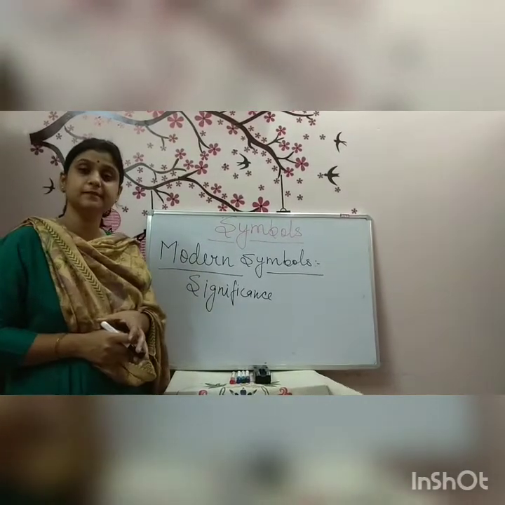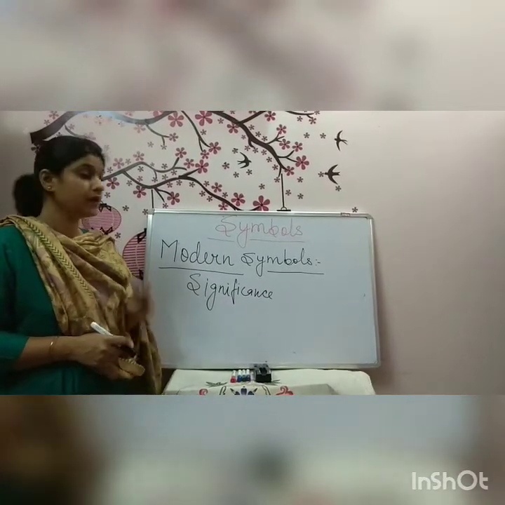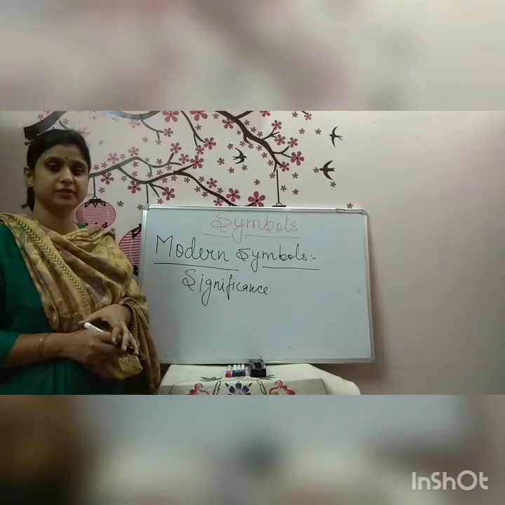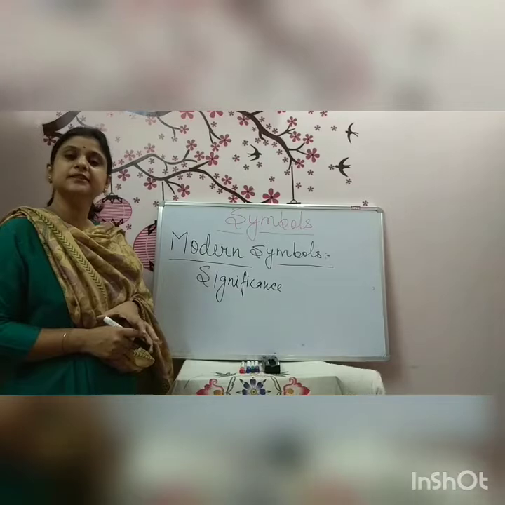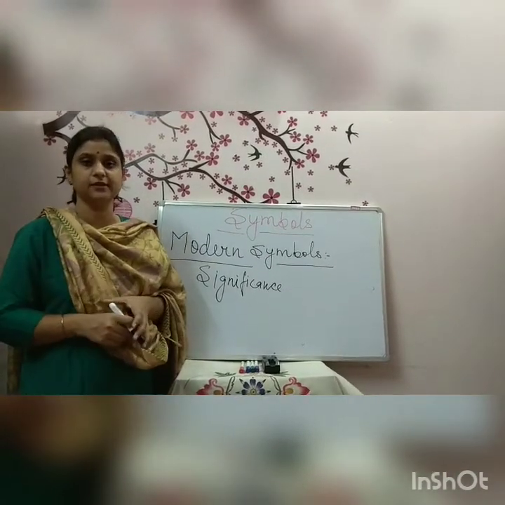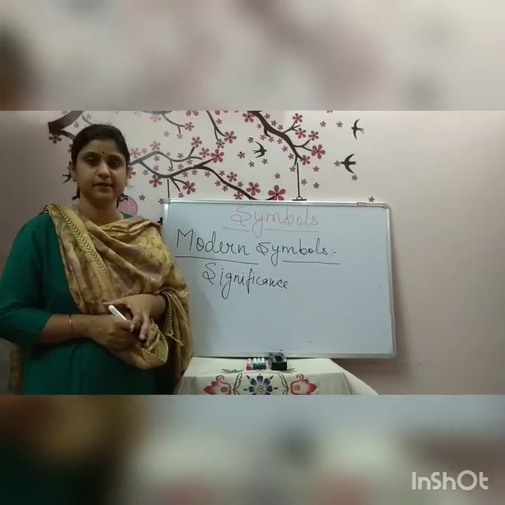As well, these symbols represent the atom of elements. Third significance: these symbols are very important while writing a chemical reaction. Whenever we write a chemical reaction, instead of writing the whole name of an element or a compound, we use the symbol of these elements.